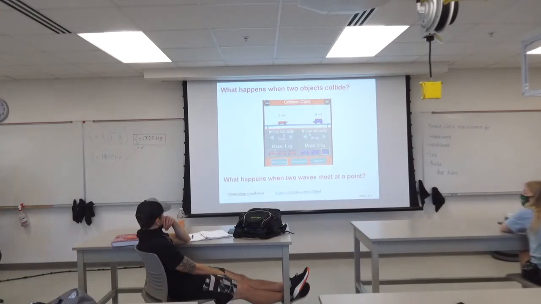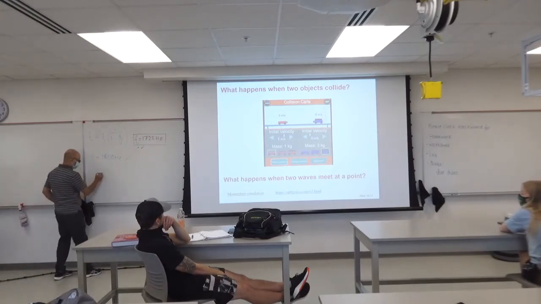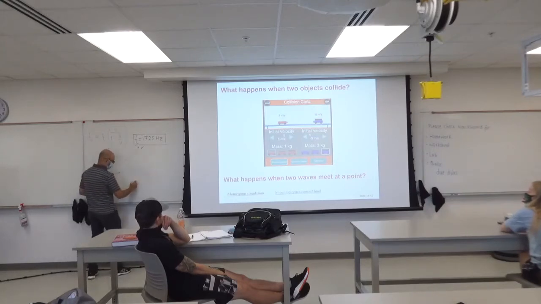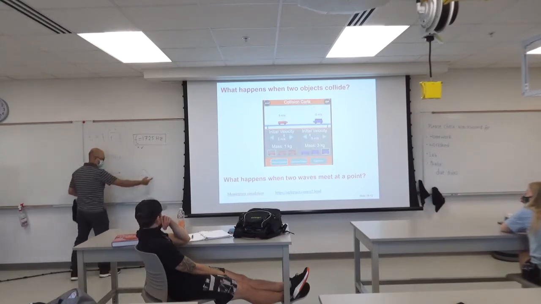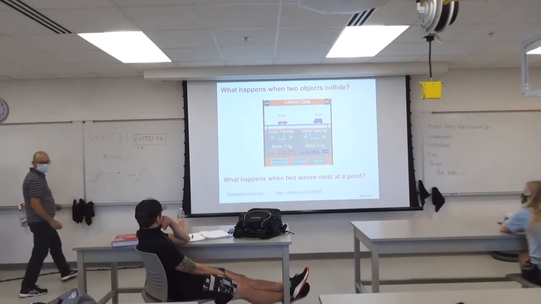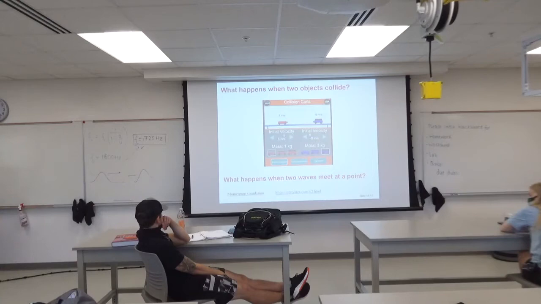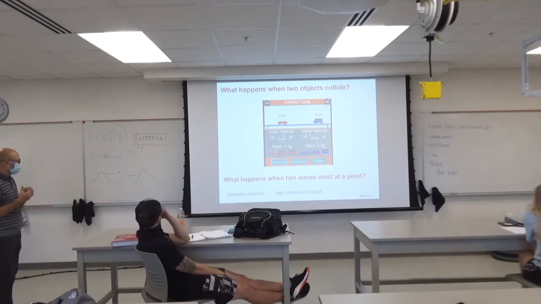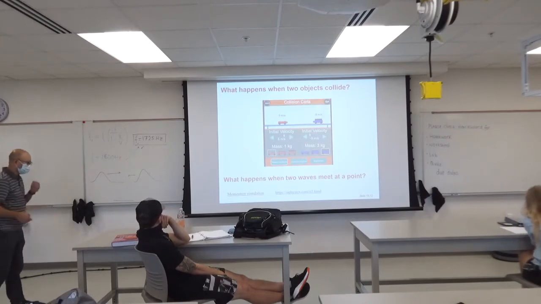What I mean is, you have a wave going from left to right, and another wave going from right to left. So when they meet somewhere here, what happens? You don't need to think about energy or speed or anything. Just think about the consequence. What happens to the wave, physically?